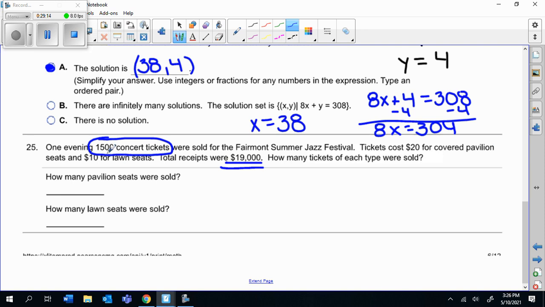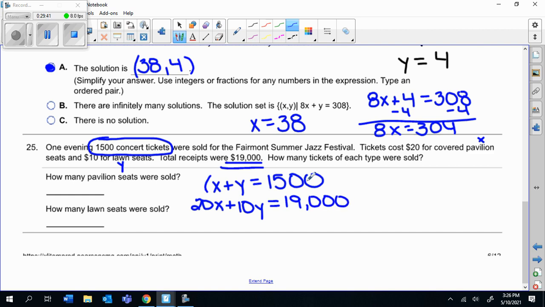We could call this P and L, or I might just say that's x and that's y. And so I have 1,500 seats. Pavilion seats cost 20. Lawn seats cost 10. Oh, I can't wait for concerts to come back. Total receipts were 19,000.